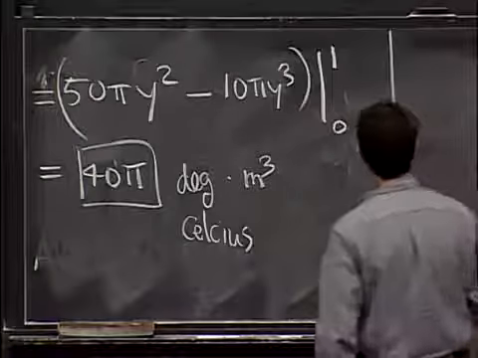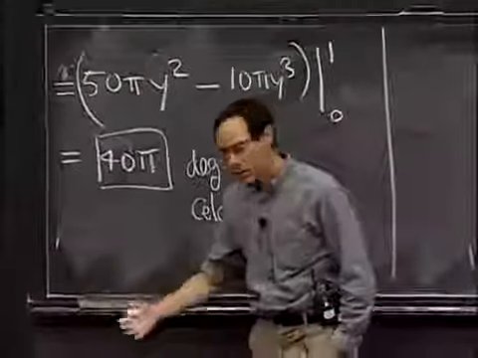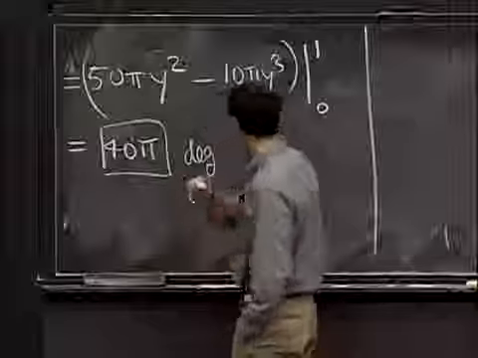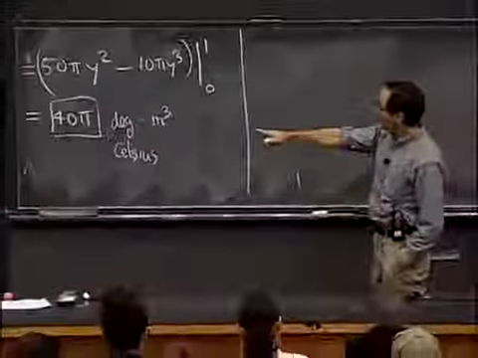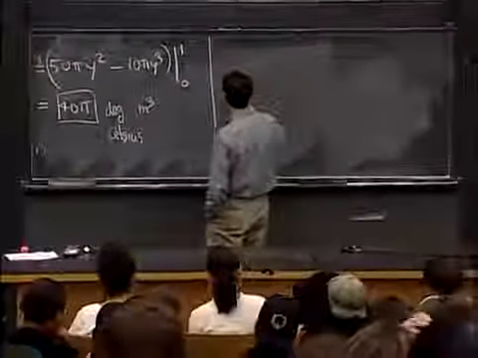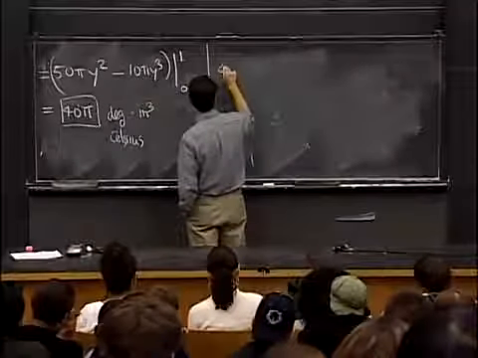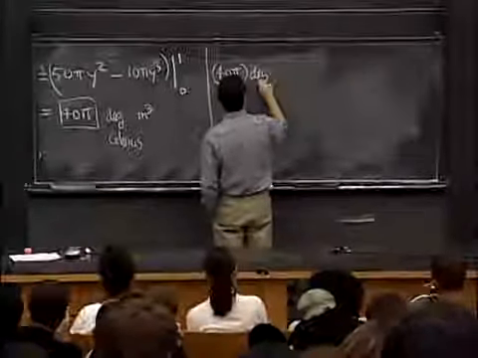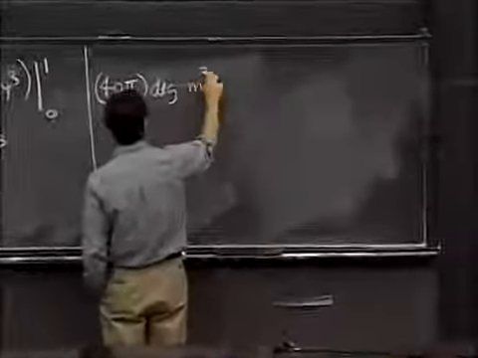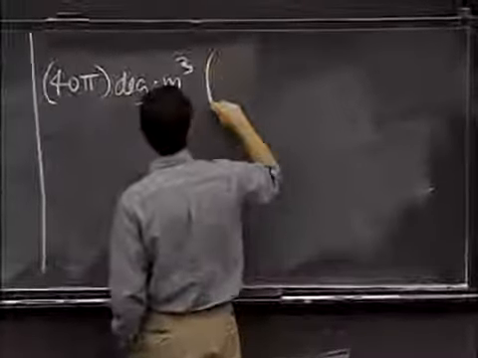And now I can translate this into units that you're more familiar with. Celsius is spelled with a C. So let's try 40 pi degrees times meters cubed, and then do the conversion factors.